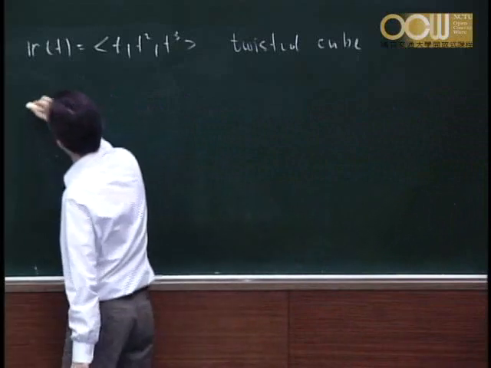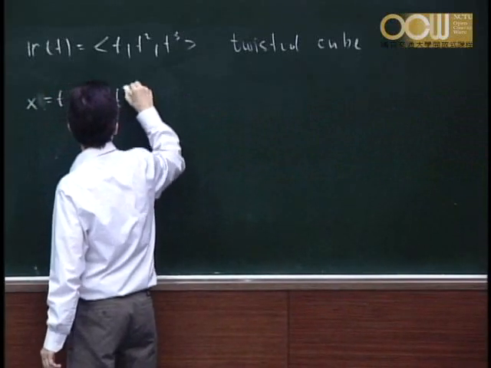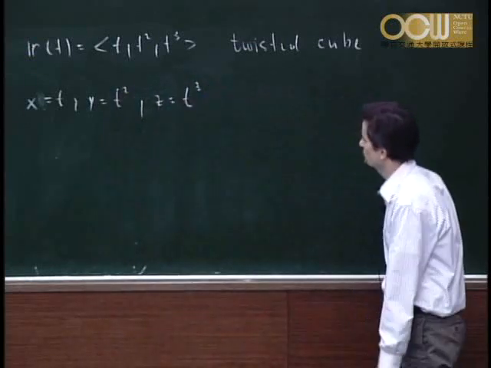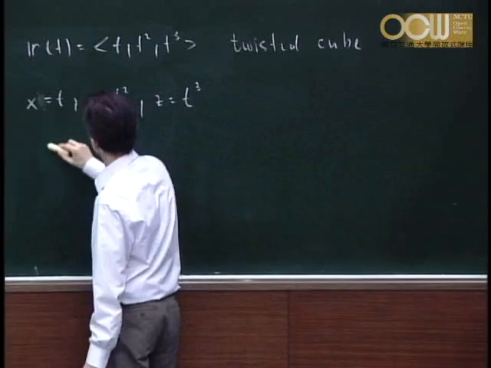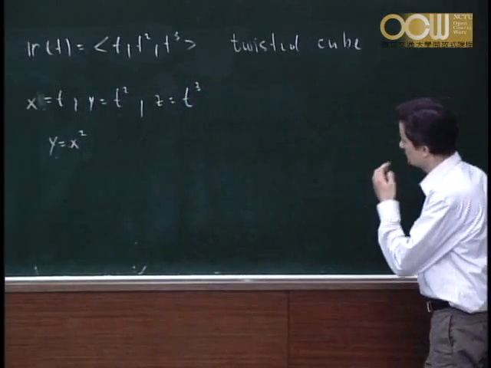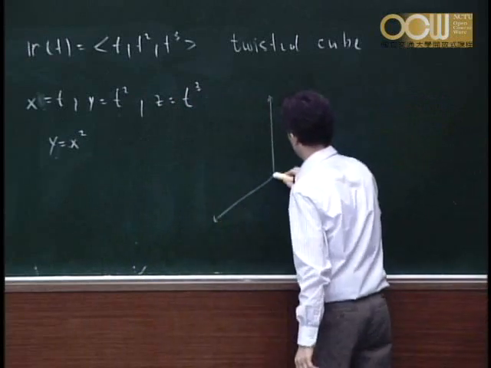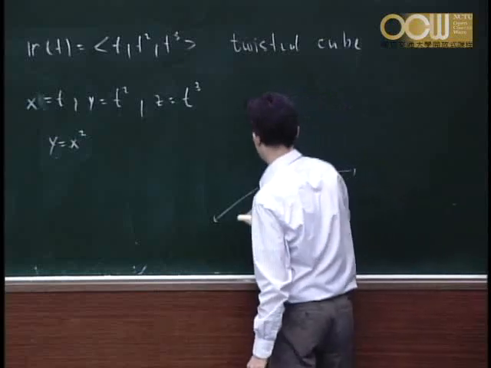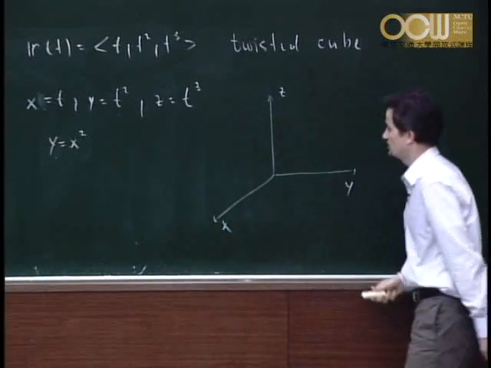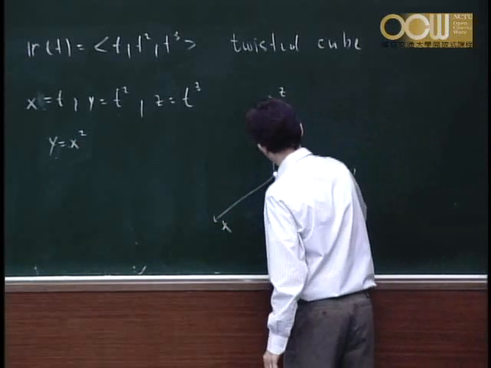Here you see the parametric equations: x is equal to t, y is equal to t squared, z is equal to t cubed. Because of this relation, you see y is equal to x squared. So this space curve is contained on the parabolic cylinder. So you have here this cylinder.